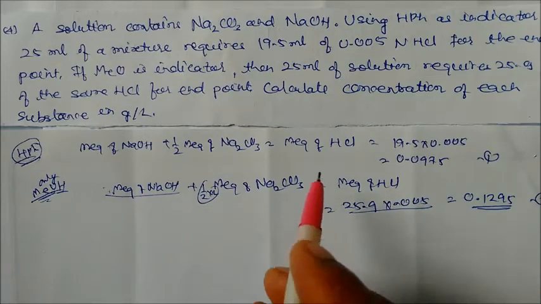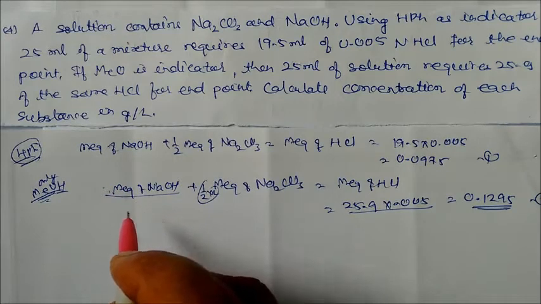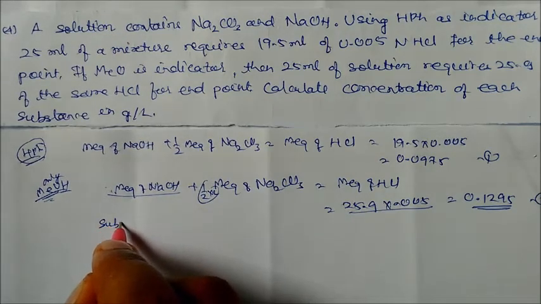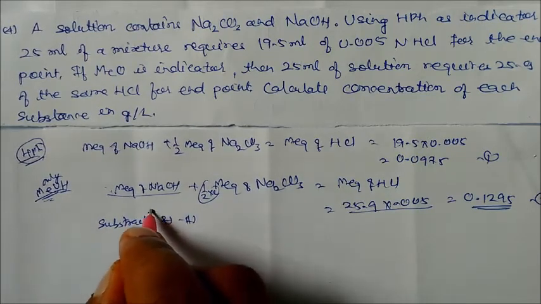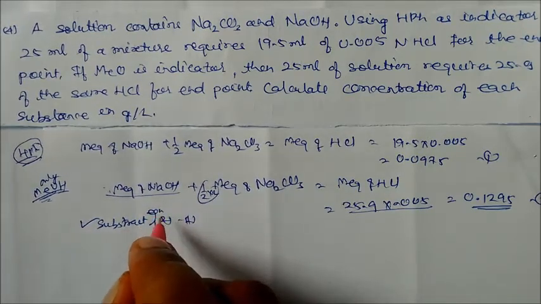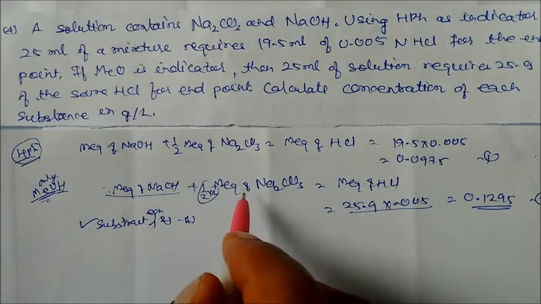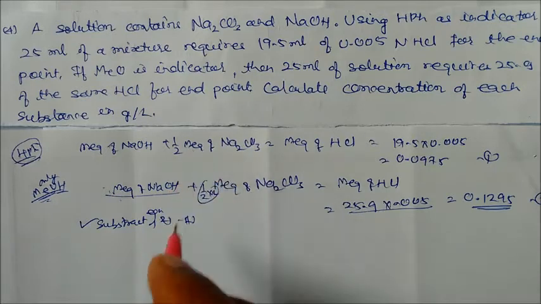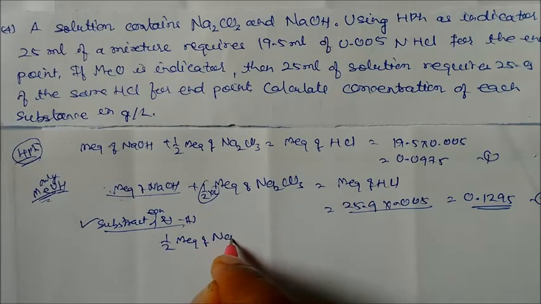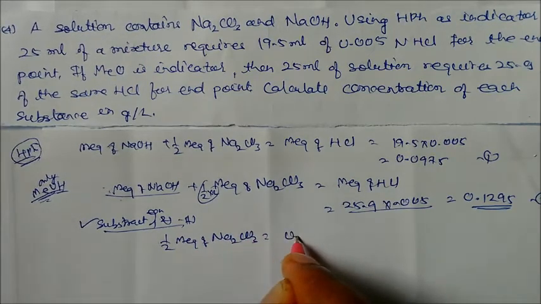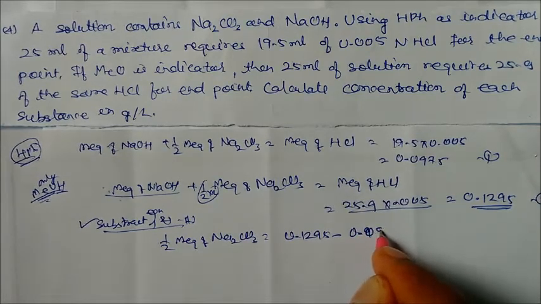Now from the equations, if we subtract equation 2 minus equation 1, the NaOH term will be cancelled, and the remaining half milli equivalent of Na2CO3 will be 0.1295 minus 0.0975.